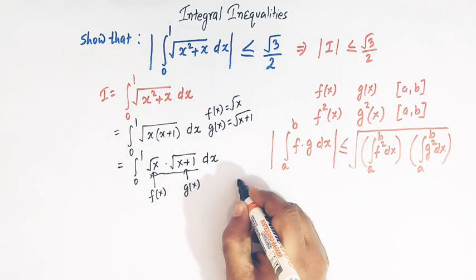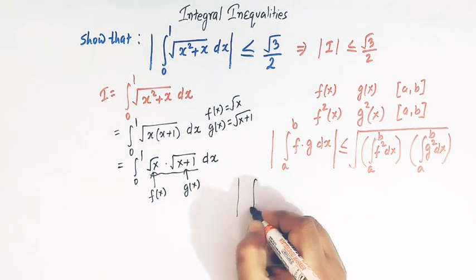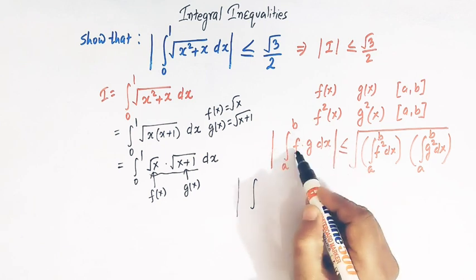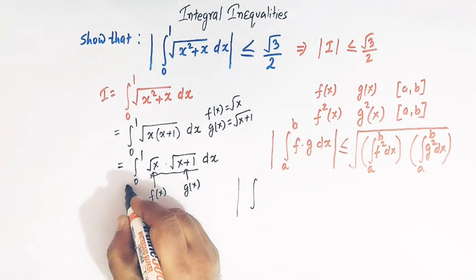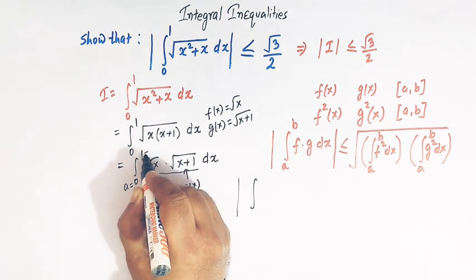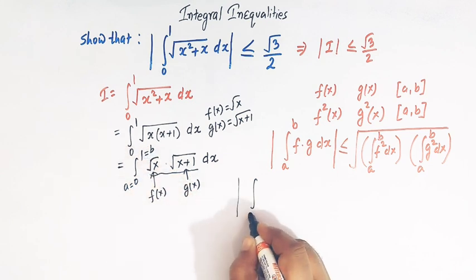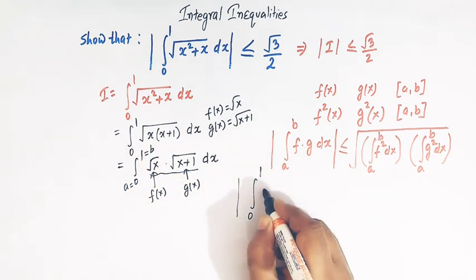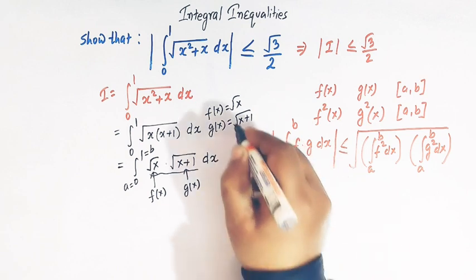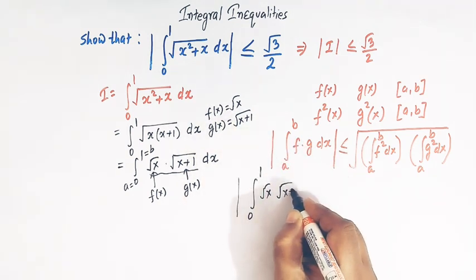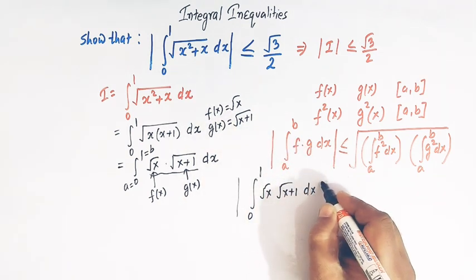Now we can write the absolute value of the integral from a to b, where a is 0 and b is 1. So we have the integral from 0 to 1, f is square root of x, g is square root of x plus 1, and here we have dx.